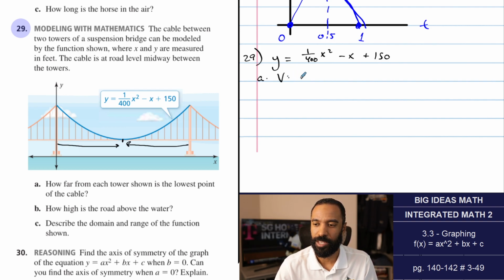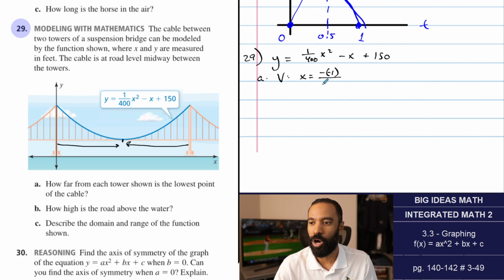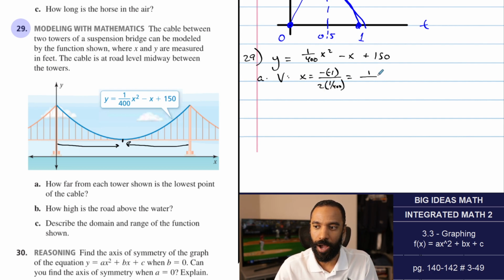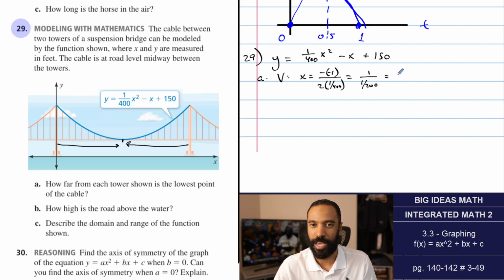For the vertex, the x value is negative b, that's negative 1, over 2 times 1 over 400. That's also 2 over 400 or 1 over 200. So 1 over 200, no calculator, that's 1 times 200, that's 200 feet.